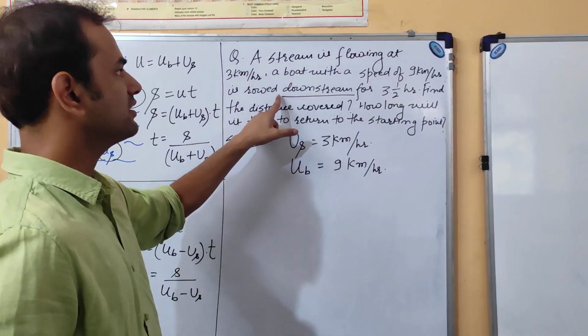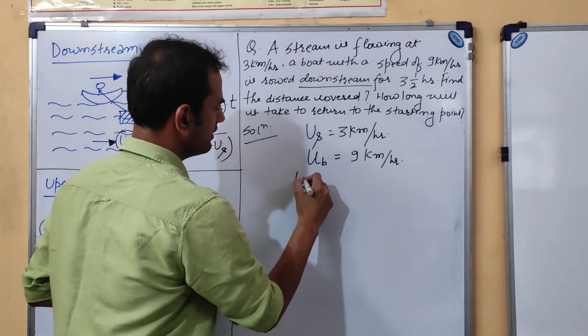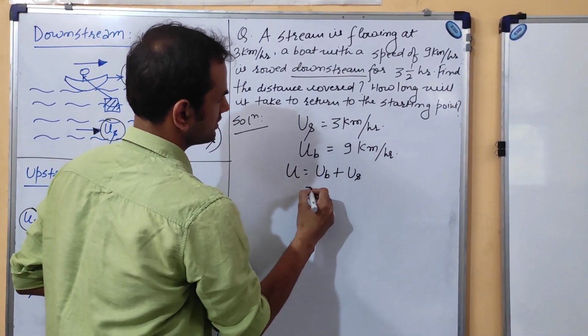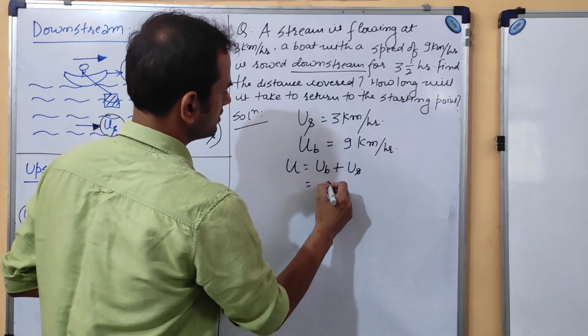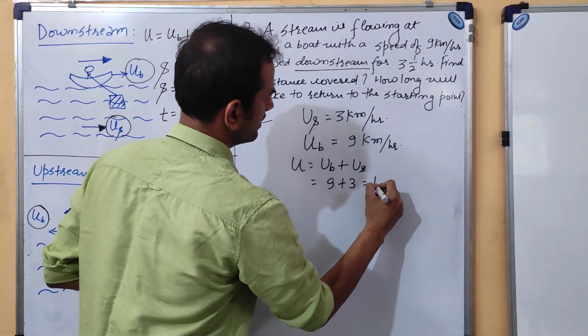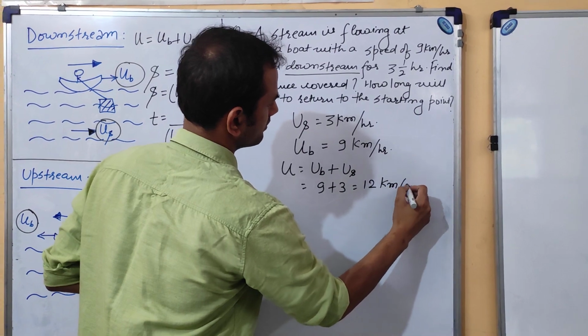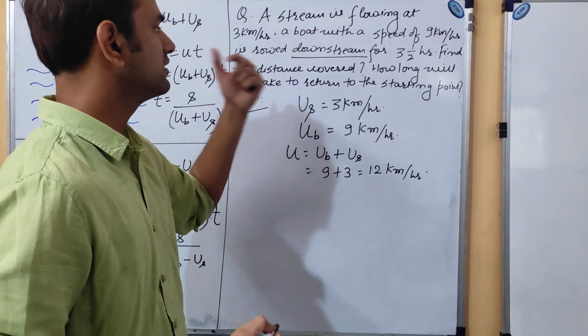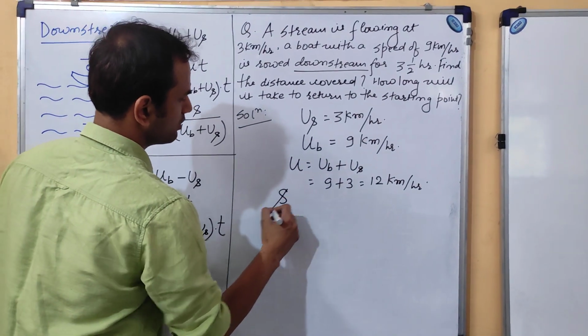So what will happen in case of downstream? You have to add, that is U becomes UB plus US, right? So this becomes 9 plus 3, that is 12 km per hour. So the question is, find the distance covered. So we'll use S equals UT.